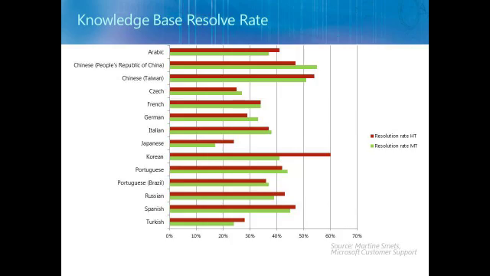And this is what it looks like over a month, the statistical results of the yes answers to, did this article help you solve your problem? What you can see there is that the red bar represents human translations, the green bar represents machine translation. And within each language, there's not a lot of difference between those.